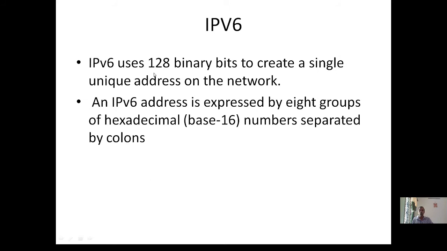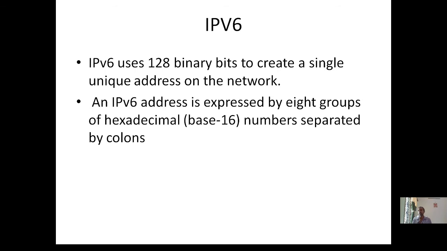IPv6 uses 128 binary bits to create a single unique address. IPv4 uses 32 bits, but IPv6 uses 128 bits. This is the first main difference between IPv4 and IPv6.